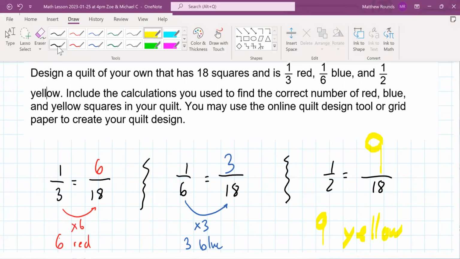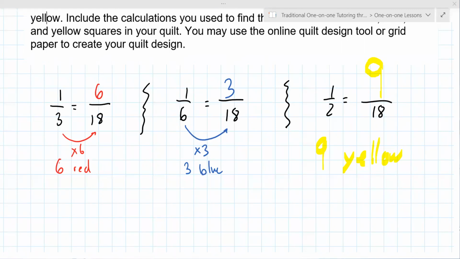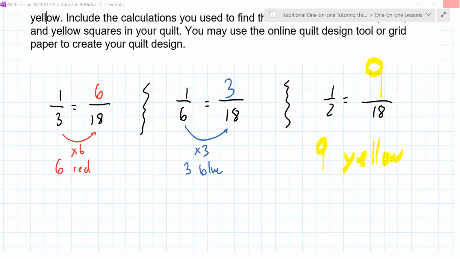Okay. So I'm going to draw a grid here, and let me go find that for you. There actually was a grid in a previous one, there it is. They give you grid paper. Let me see if I can get that. Is that download? No, I didn't download it. So they give you grid paper, or you can use what's called GeoGebra, which is just an online platform to do that with.